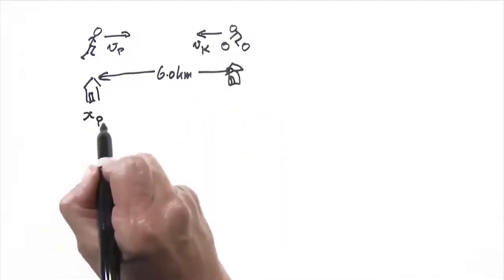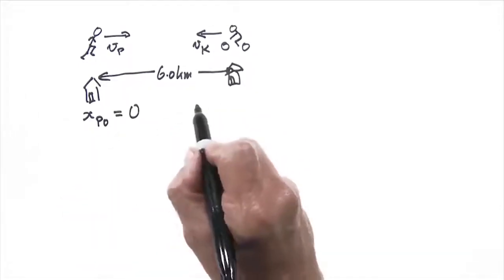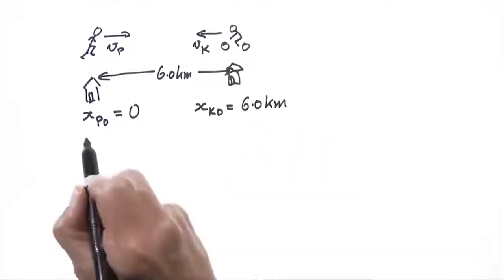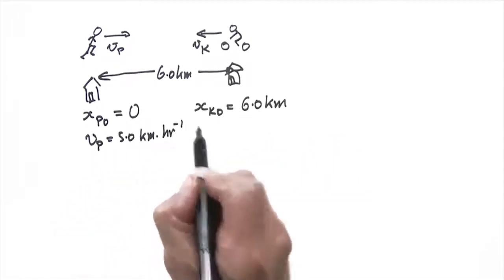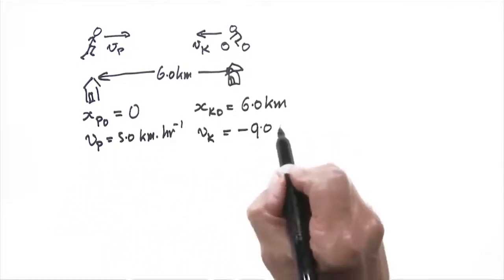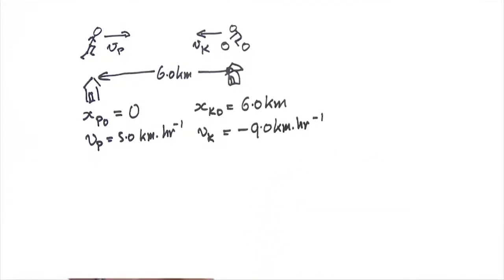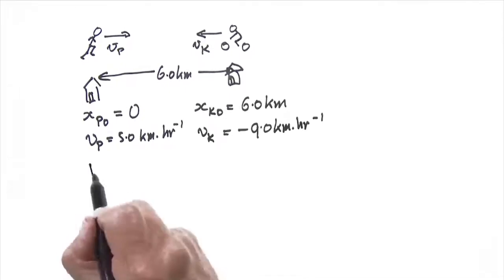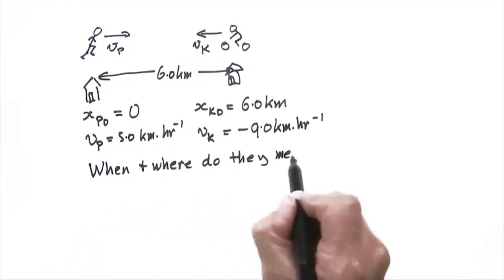Note that I add the given information to my sketch. Note also that Peter's velocity is positive, but that Kate's is negative. Her speed is 9.0 kilometres per hour, but she's travelling in the negative x direction, so negative x velocity. Well, you've guessed the question. When and where do they meet?